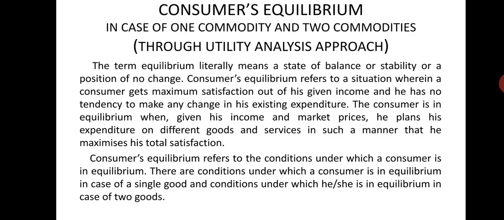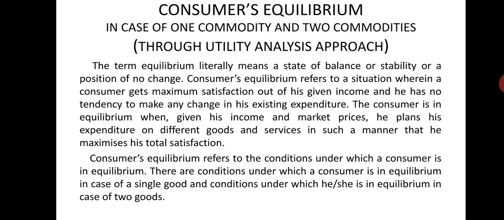from that position. Consumer's equilibrium refers to a situation wherein a consumer gets maximum satisfaction out of his given income and he has no tendency to make any change in his existing expenditure. So, what is consumer's equilibrium? It is a situation wherein a consumer gets maximum satisfaction from his given income.